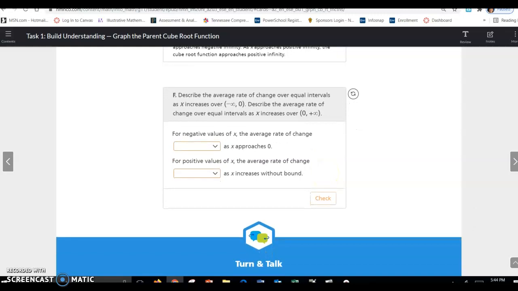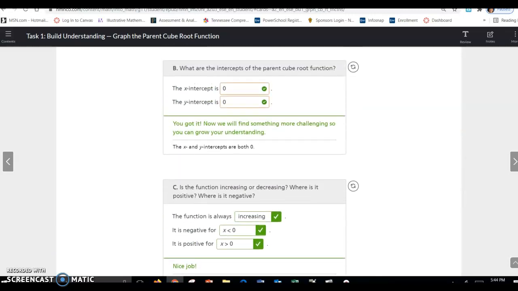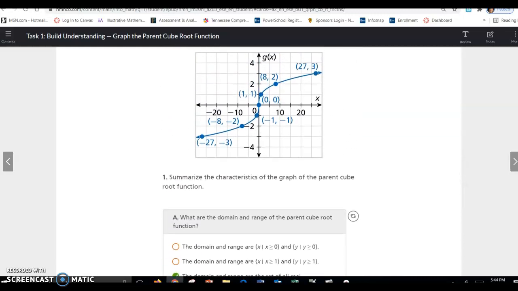It says describe the average rate of change over equal intervals as x increases from negative infinity to 0, and as x increases from 0 to positive infinity. As you look at the graph, the average rate of change is going to increase as it gets closer to 0.